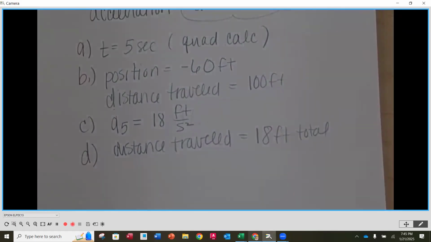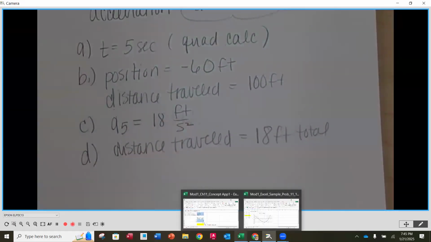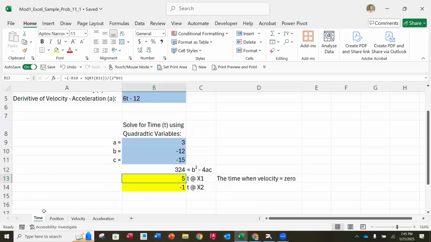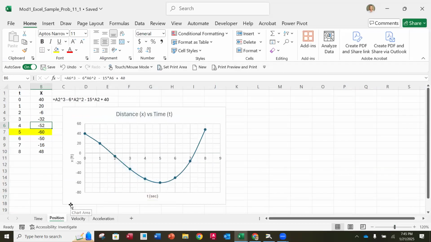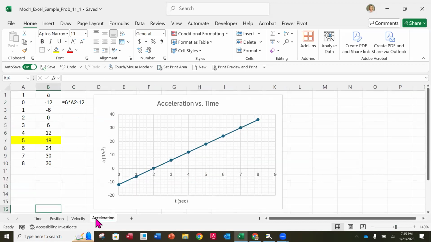All right. So then, because we're creating a spreadsheet in relationship to this, basically what you want to do is show the full screen snip of the time, which is going to be the quadratic calculator as well. The full screenshot of the position, the velocity, and the acceleration, and then highlight it if it makes sense to do so.